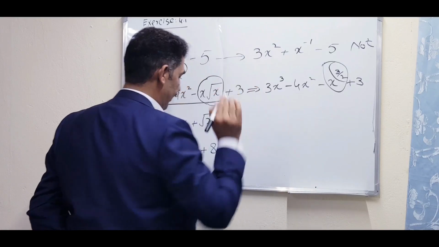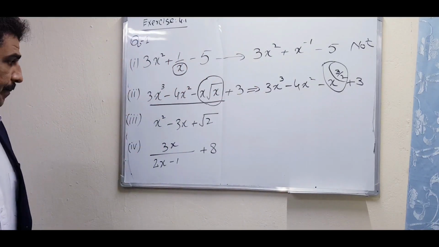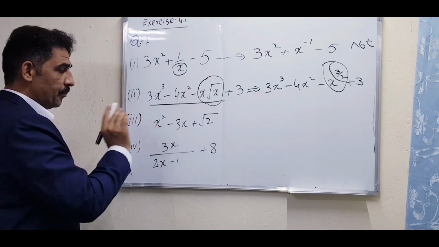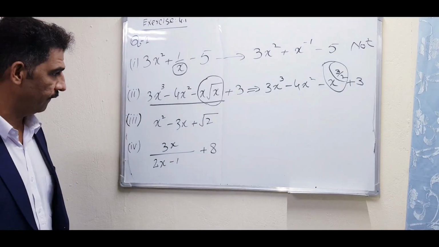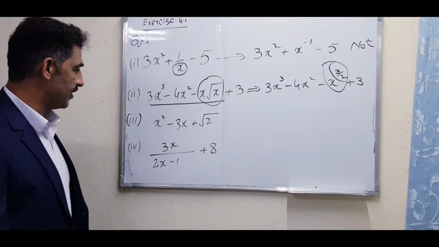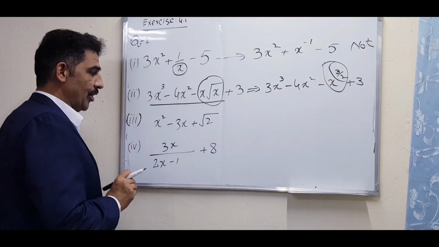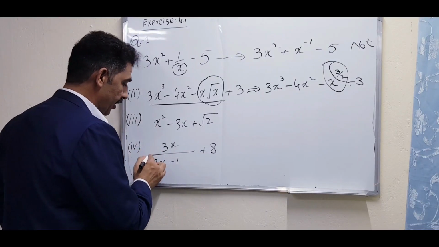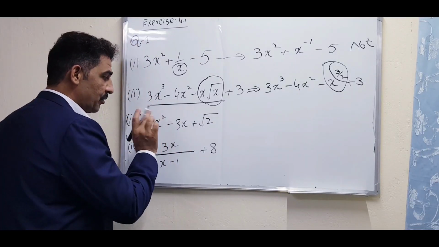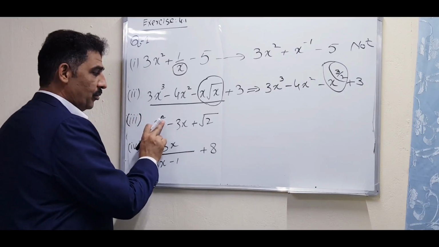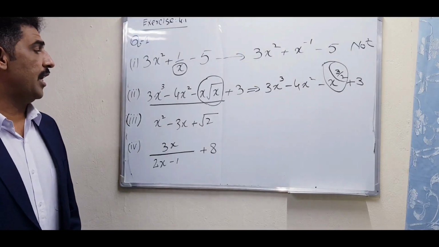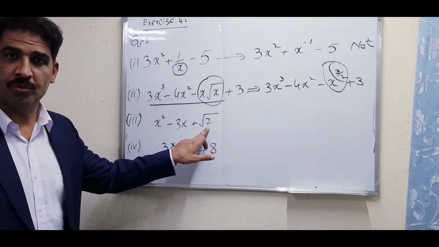Hope you understand. Come to this third part. What is the answer of this? Is it a polynomial or not? Yes, please. Good student is giving the answer. I am listening. Some answers are absolutely correct. So this is a polynomial. Why? Because you can see its exponent 2, its exponent 1, both are positive integers. The question is that this has root 2.